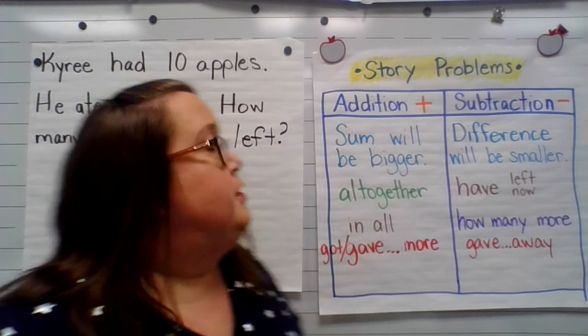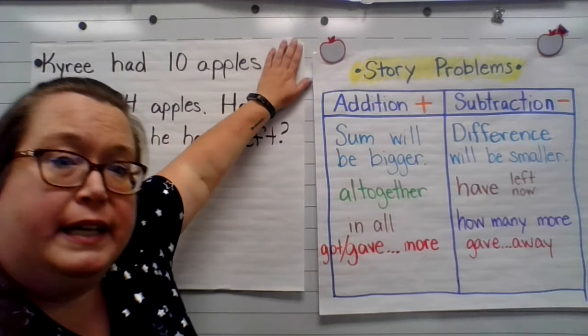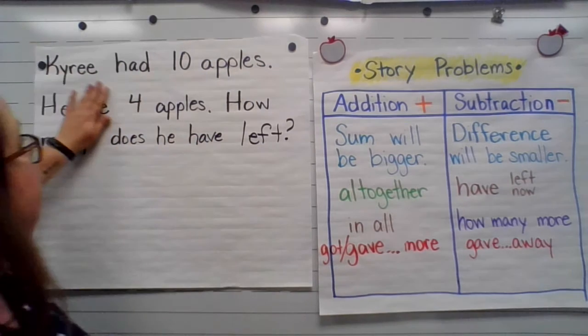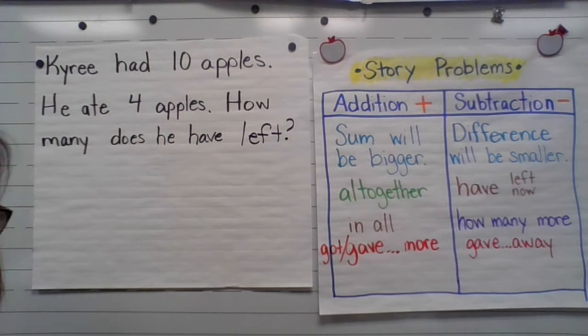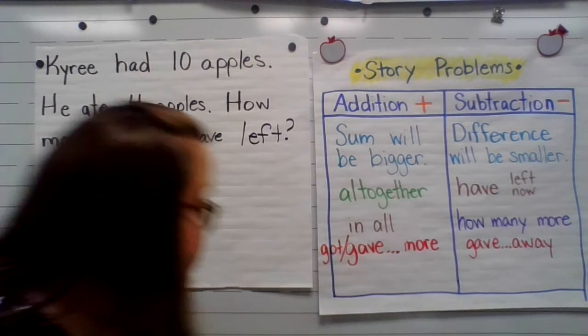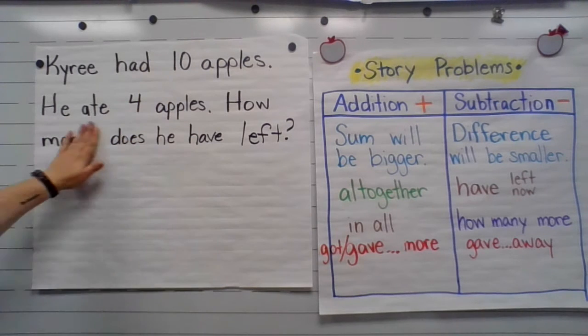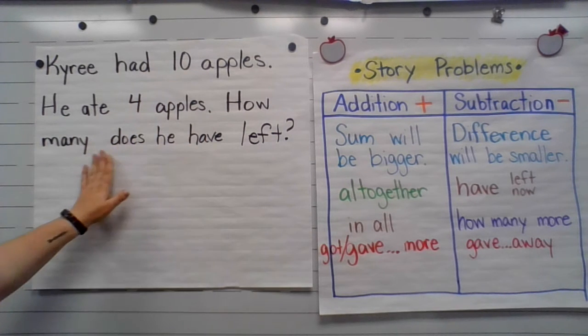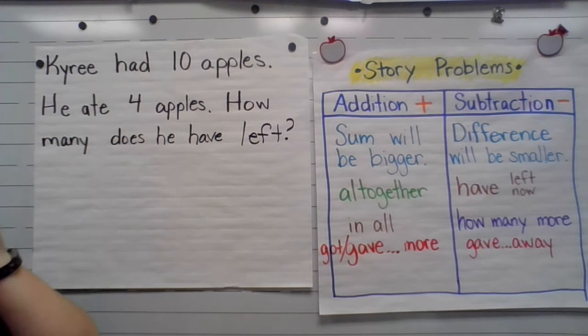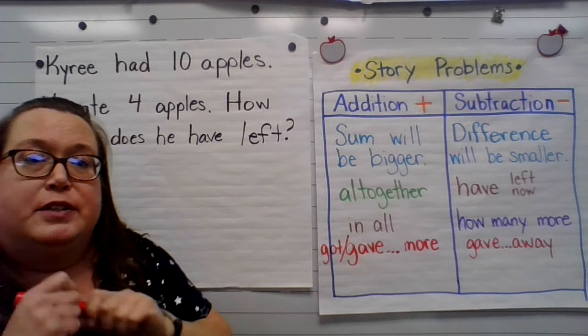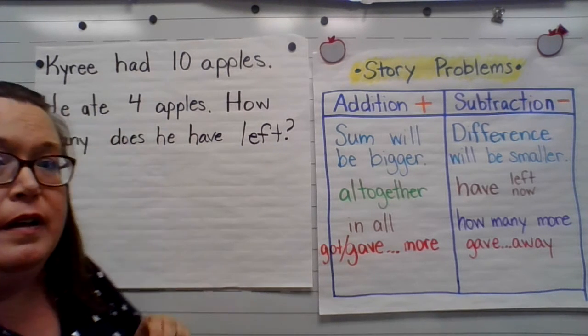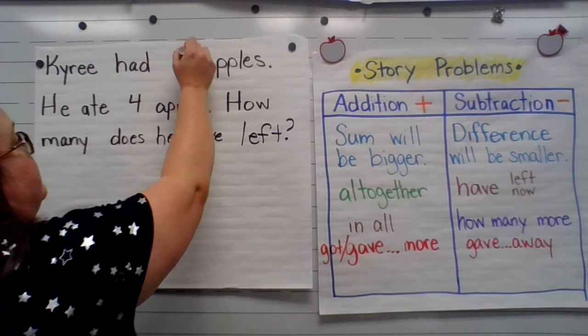What I'd like to do is read and kind of work through this story problem, the one for today. Let me grab my marker. Okay. Kyrie had 10 apples. He ate 4 apples. How many does he have left? I'm going to take my marker and I'm going to circle the numbers. Those are important.